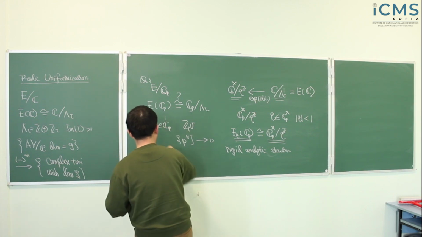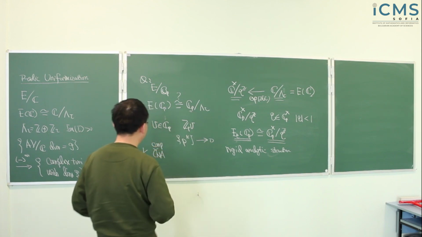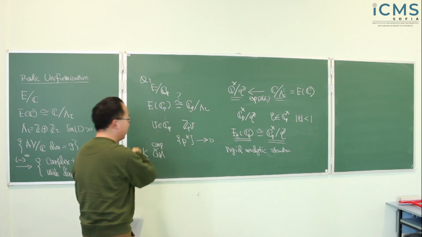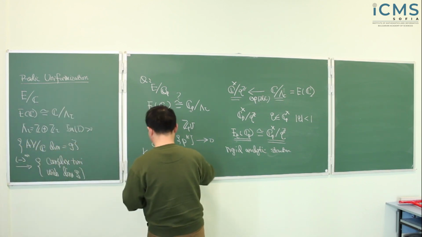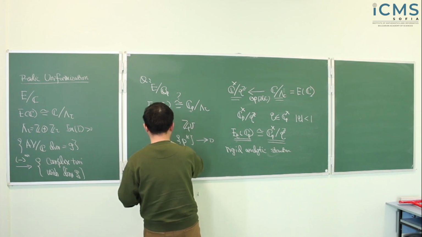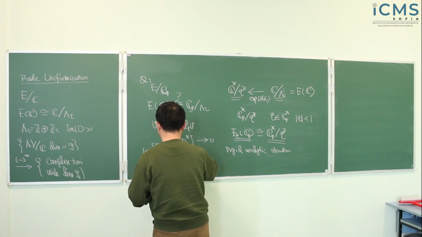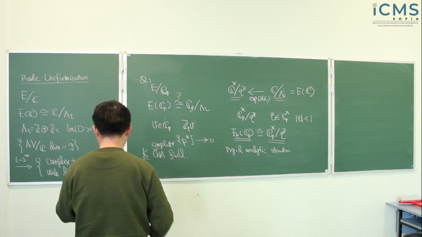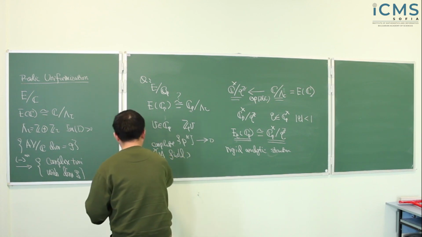In general we assume it is complete with respect to the norm induced by the valuation on this field, so it is a complete non-Archimedean field. Then we can define the Tate curve.